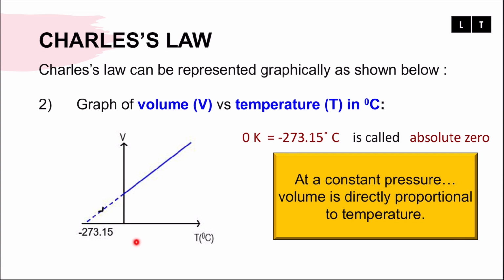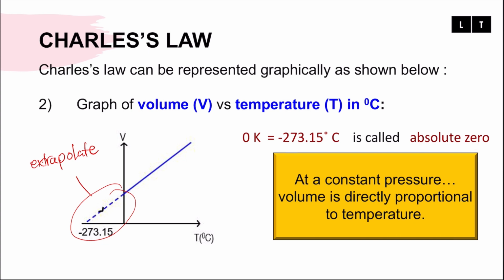Apabila awak dapat this one, awak kena extrapolate. Di sini awak kena extrapolate untuk dapatkan nilai for temperature at 0 degree Celsius. So dalam graf ni, awak dah extrapolate untuk dapatkan nilai negatif 273.15. So 273.15 ni bermaksud awak punya nilai 0 Kelvin yang kita panggil sebagai absolute zero.